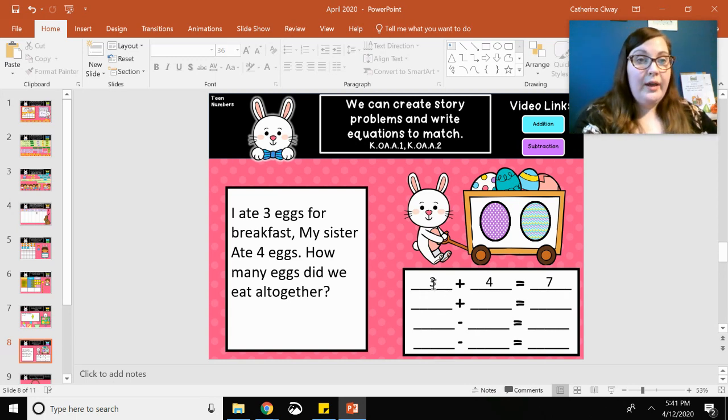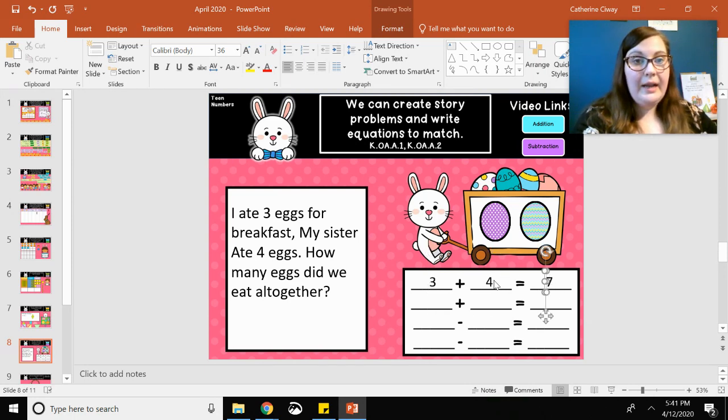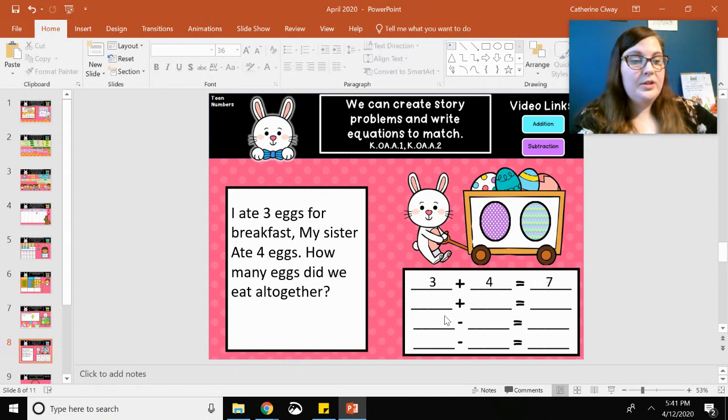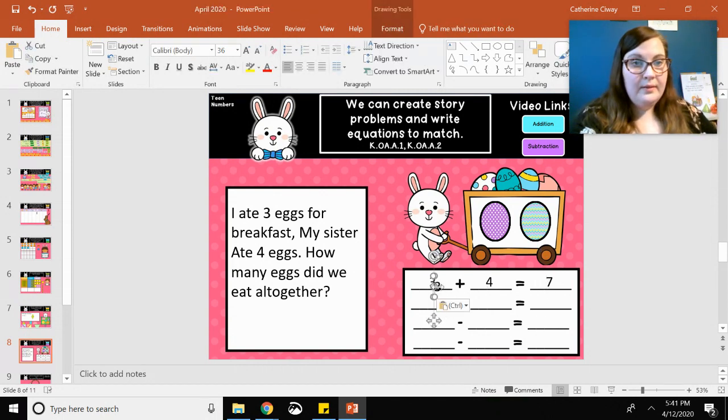Now, just like here, I could take all of my numbers and I could now turn it into a turnaround fact. So if I take this number, instead of putting it there, I would make this a turnaround fact.